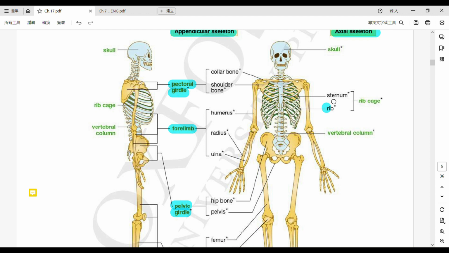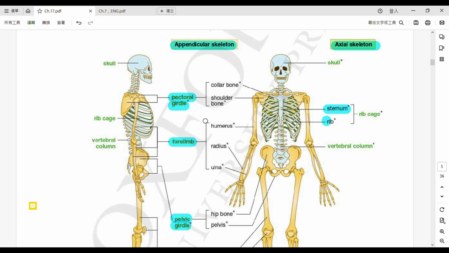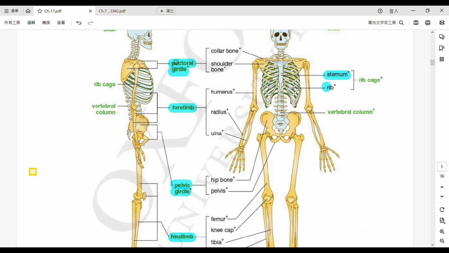And this one in the front 嗰度前邊嘅部分啦，this one 我哋叫做胸骨。胸骨 in English is sternum.